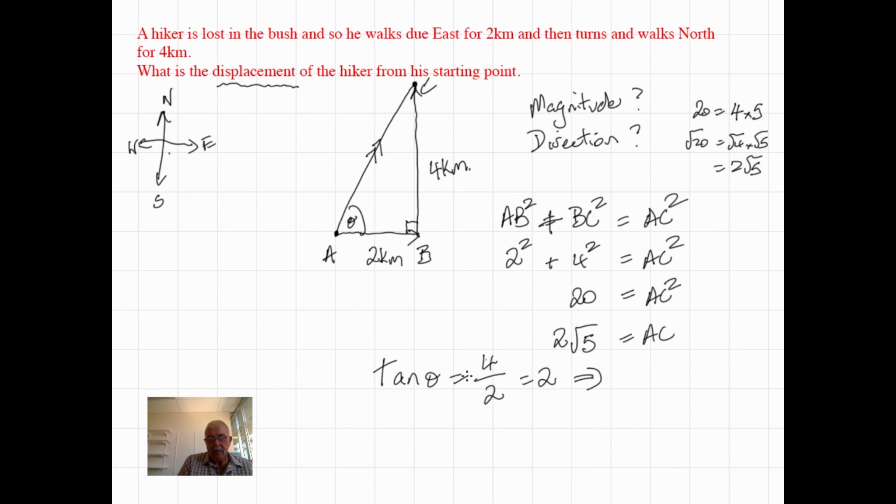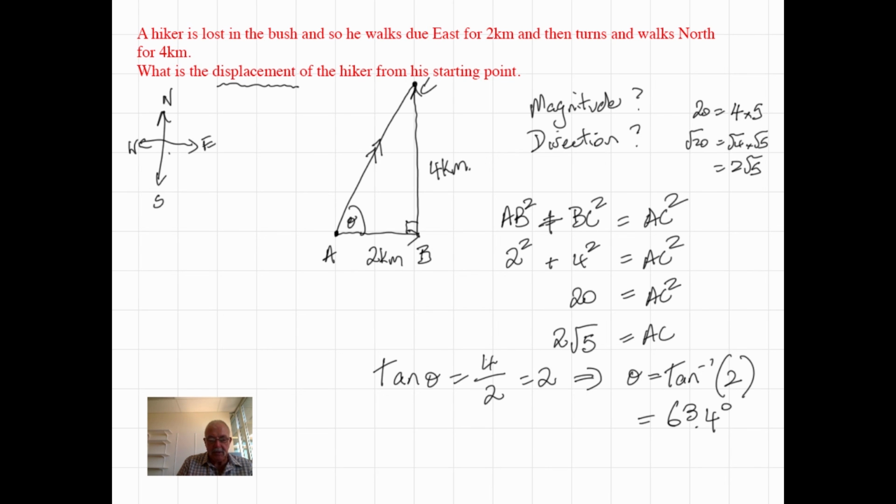Now from that, we can imply that theta is the angle whose tan is, and that's how we write that, inverse tan, the angle whose tan is 2. Now if we put in shift on your calculator, shift tan, will give you the angle whose tan is, and we'll get 63.4 degrees.